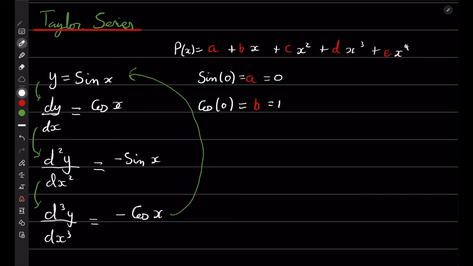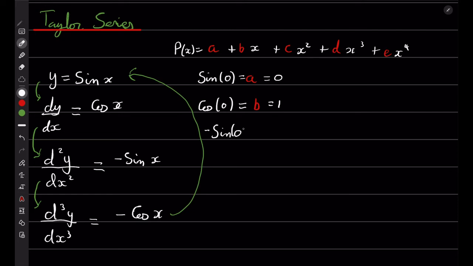Okay, so let's go to the next one. The derivative of cos x is negative sine of x, so negative sine of 0. Taking the next derivative of the polynomial, a and b go away, the x with the c term goes away, and all the other terms on the right have a value of x, so those terms also go away when x is equal to 0.